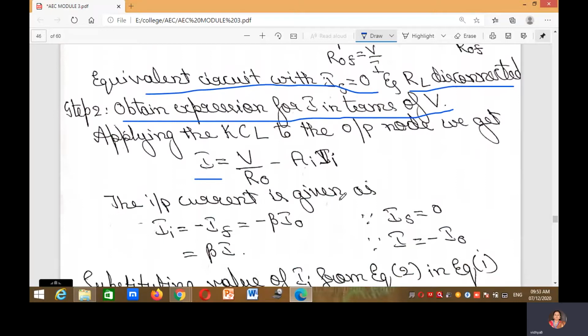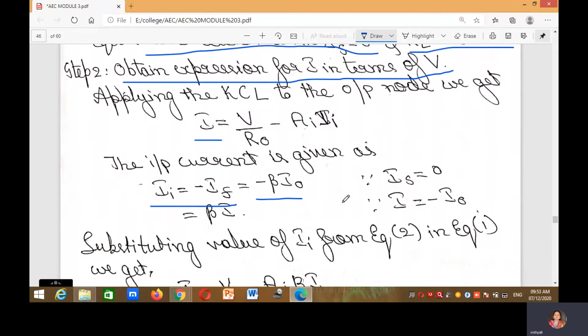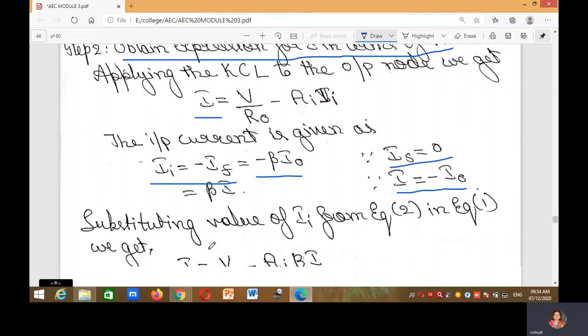The input current is given as II is equal to minus IF, that is equal to minus beta into I naught. Minus I naught is nothing but I, since IS is equal to 0. So I is equal to minus I naught.